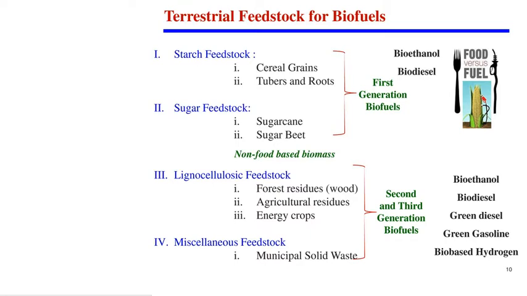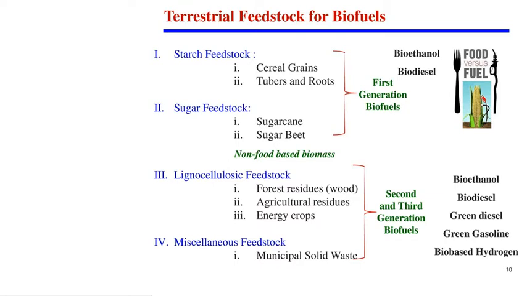We don't want to use corn to make gasoline and run a car. We don't want to divert sugar cane from food to making ethanol. So that's why they are called first generation, and these applications are not being promoted because of the food and fuel debate.